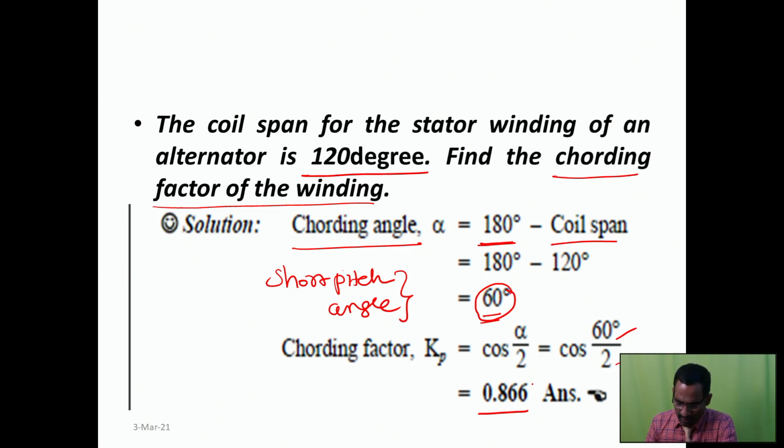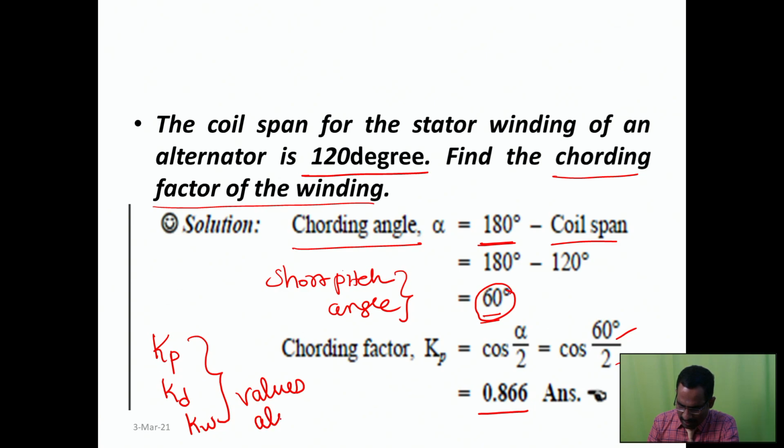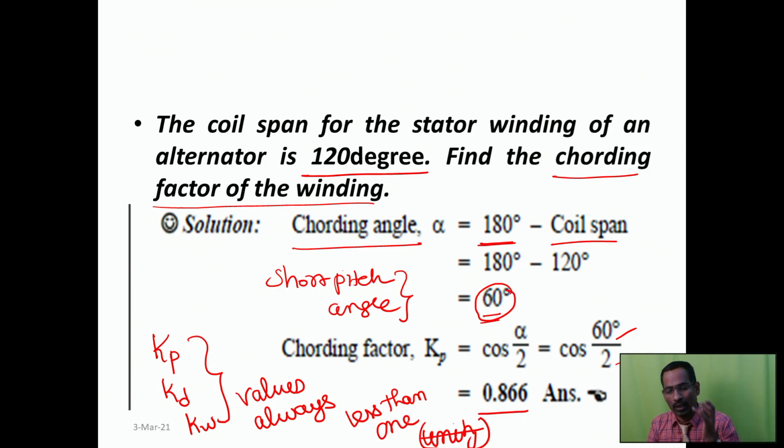Not only the pitch factor, all the winding factors like pitch factor, distribution factor and the winding factor, all these values are always less than 1, or unity. So it is the pitch factor calculation.